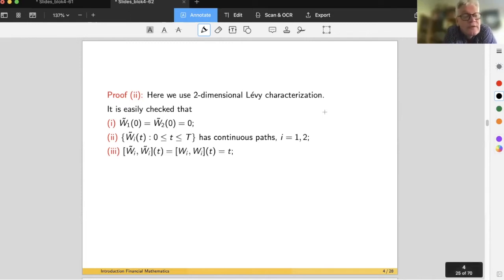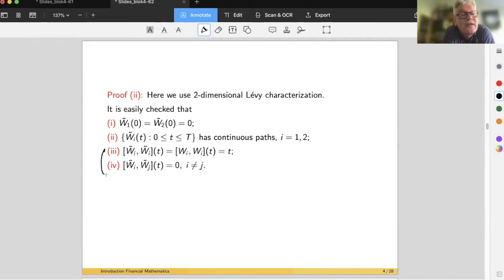Also, regarding the quadratic variation of W tilde_i, for i is 1 and i is 2, we can easily show that that is equal to the quadratic variation of W_i, and that is equal to t. And the cross variation similarly, we can just use the differential rules to show this.